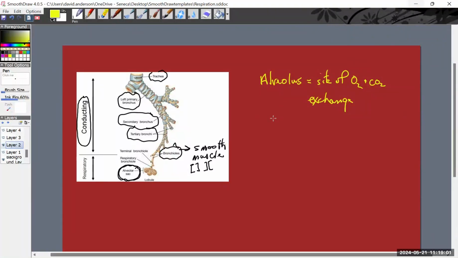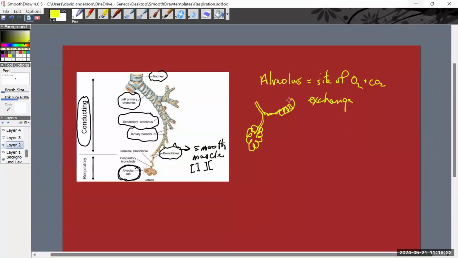And they tend to be arranged so that here we would have our bronchiole, and it would terminate in a cluster of alveoli.